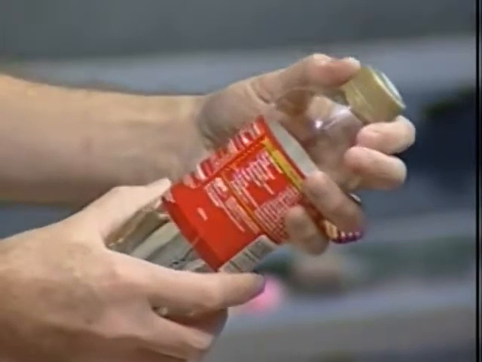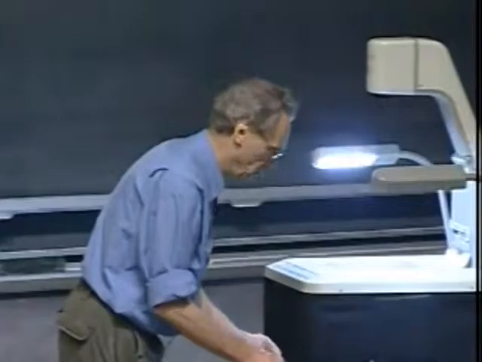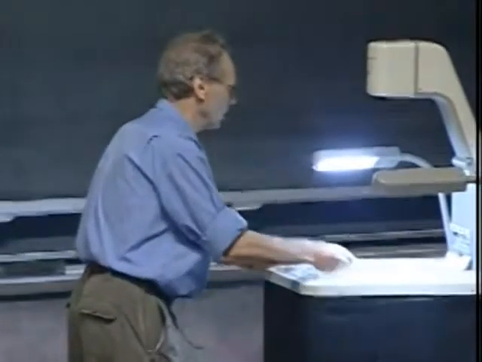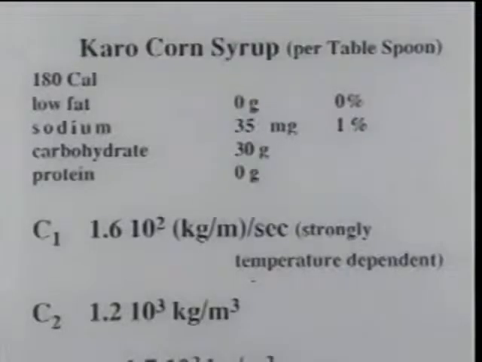It may interest you that 2 tablespoons is 180 calories. I needed to know more for this demonstration, and so I had to do my own homework on it. But at least you see here what this Karo syrup can do for you. You see 180 calories per 2 tablespoons. It's very low fat, and the rest may interest you before you use it.